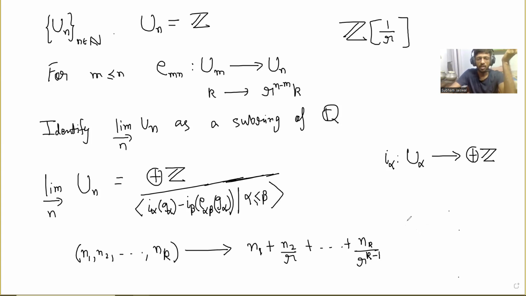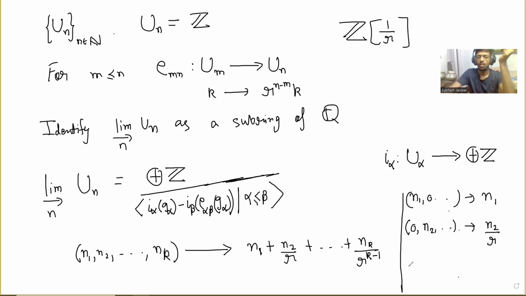That is what we have to check. Let's send this to n1, and this goes to n2 by R.